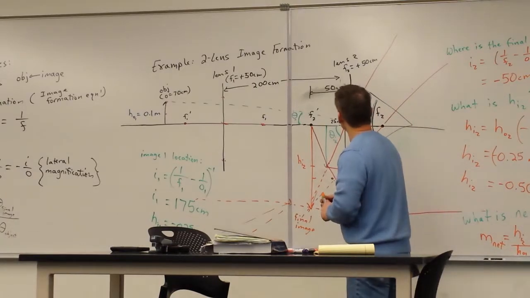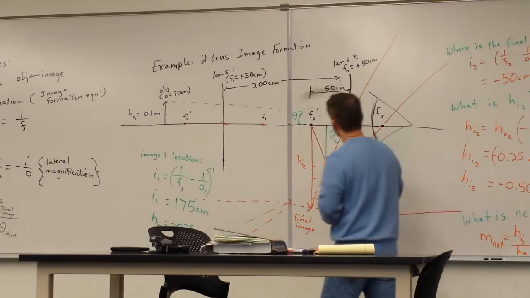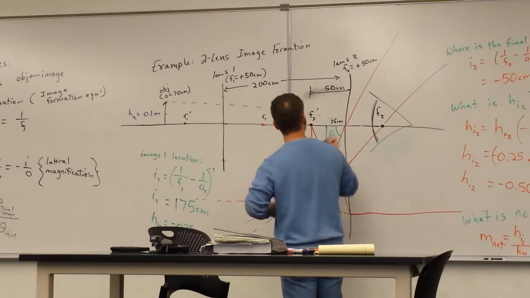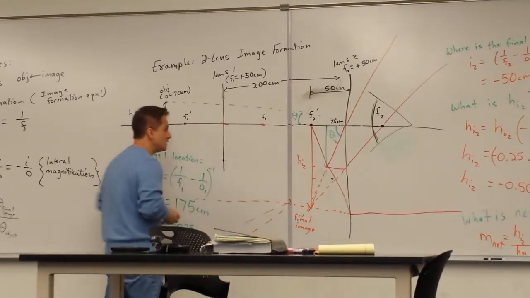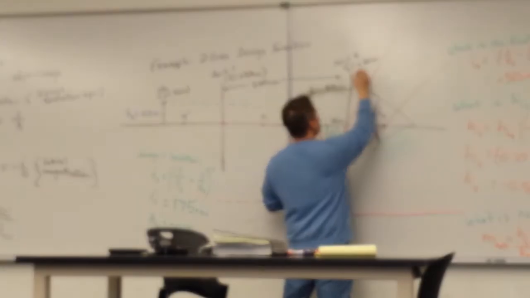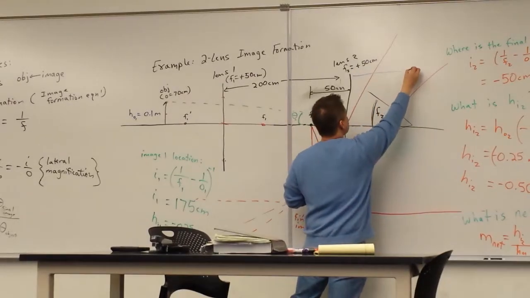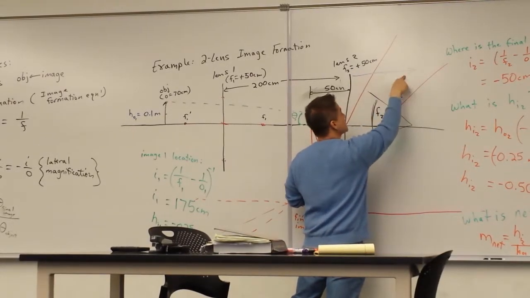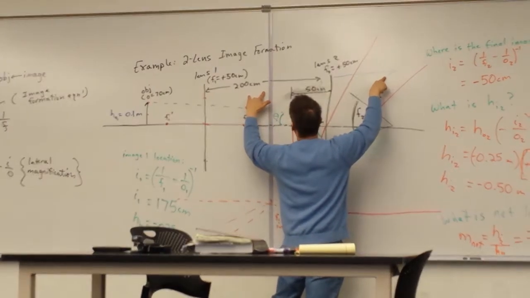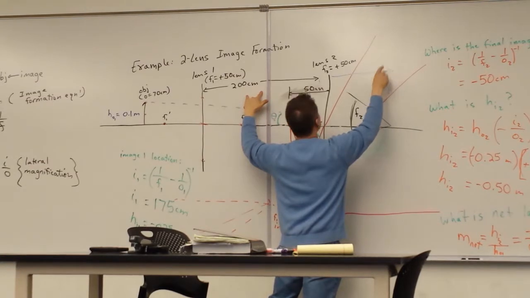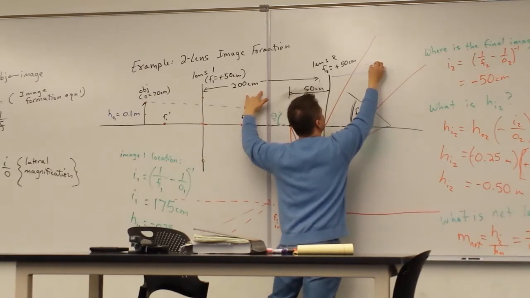So what I'd like you to do is, maybe blue would be nice there. I'm going to take a break, but come back, move the second lens over. How about 50 centimeters?